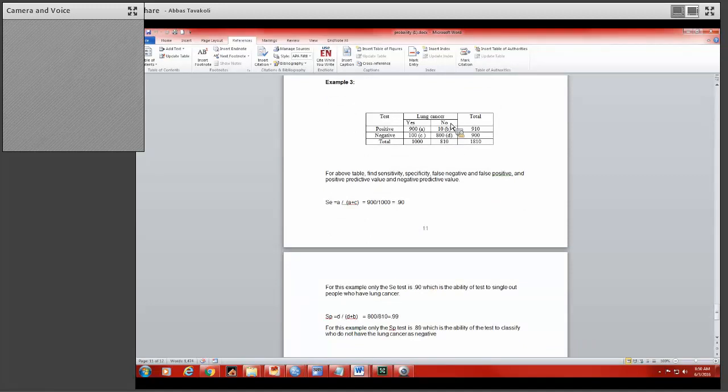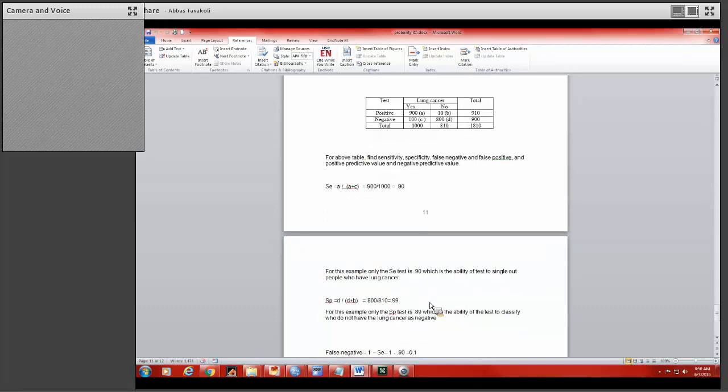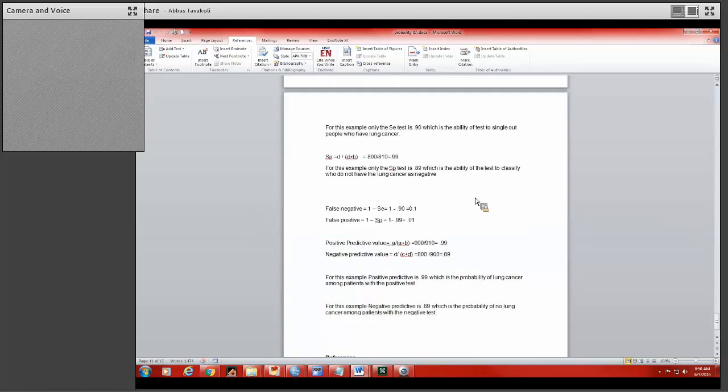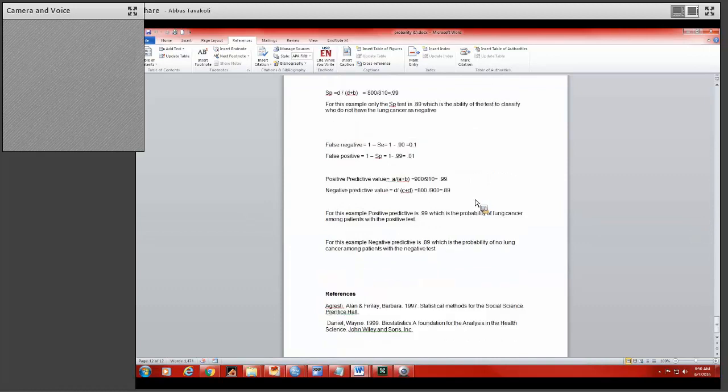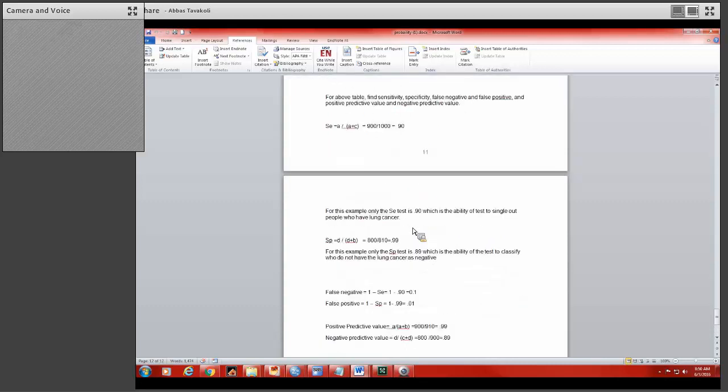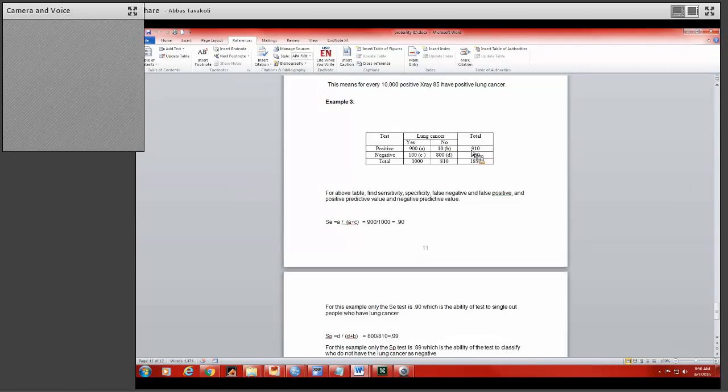For this example, is your yes and yes at your numerator divided by the total for your column. So here 900 over 1000, you get 0.9. And then specificity is your 800, the true negative, over the true in no section, which is 810.